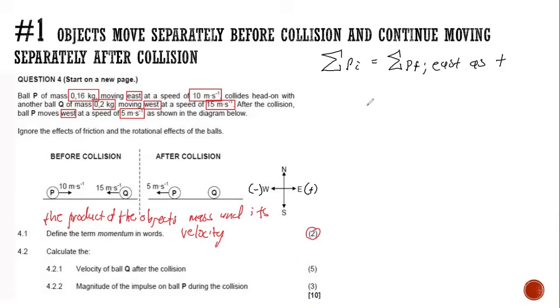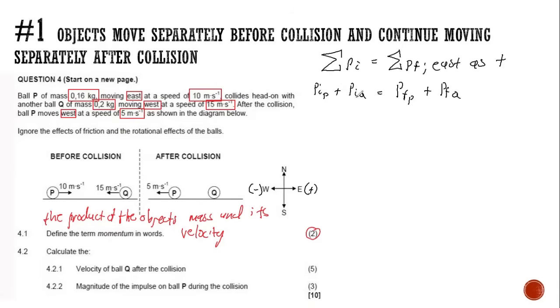Because these two objects move separately, it's just a matter of saying the momentum of ball P plus the momentum of ball Q initially is equal to the final momentum of ball P plus the final momentum of ball Q.